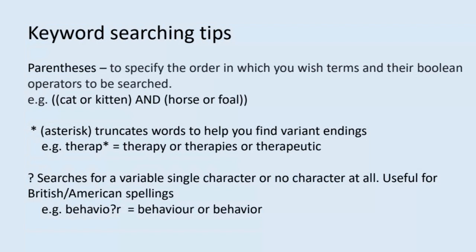So the database will search for your synonyms using OR, and then combine your concepts together using AND. I haven't really got an example of that. You just need to bracket or group your synonyms together. It doesn't really matter which order it searches in. It will do what you're hoping it to do if you put your synonyms in brackets, if that makes sense.